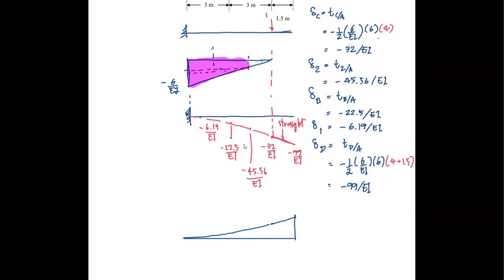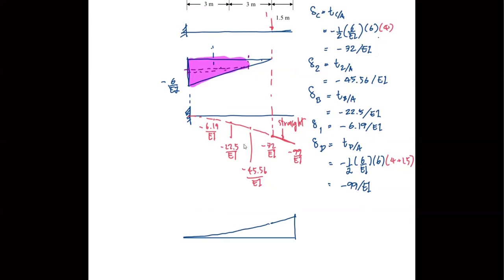And so this is, hang on. The first point is 6.19 divided by 72, right? So it is 0.086. The second is 0.312.